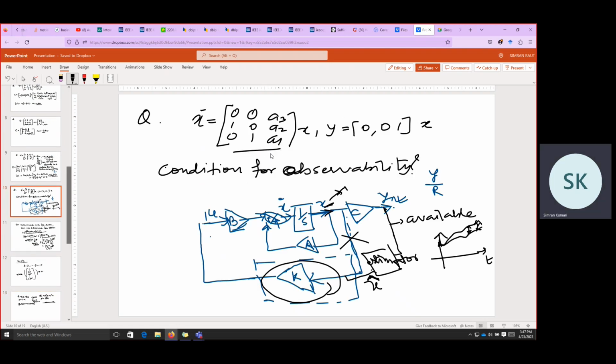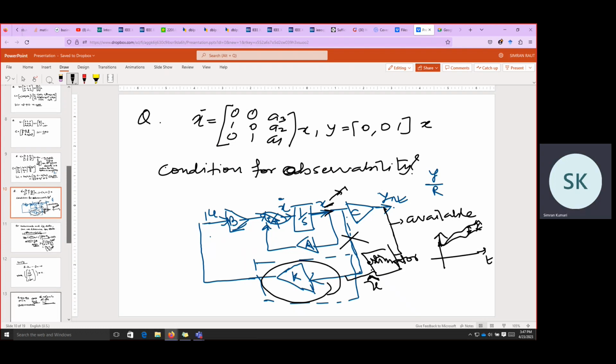We have A like this and B like this. We are saying that this system is observable. So if this system is observable, then the dual system of this one should be controllable.